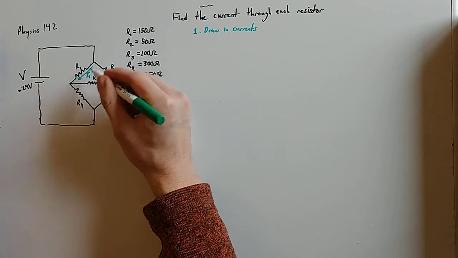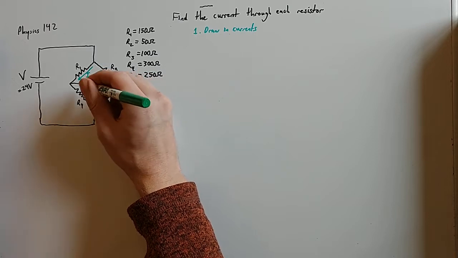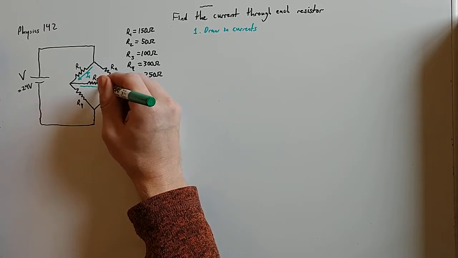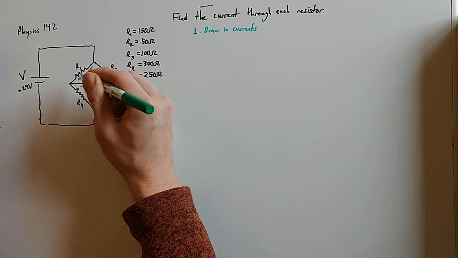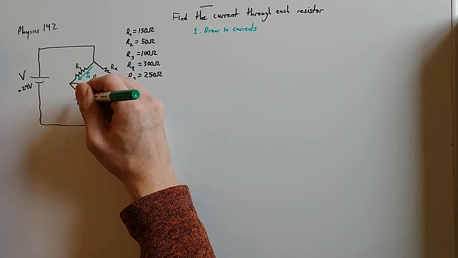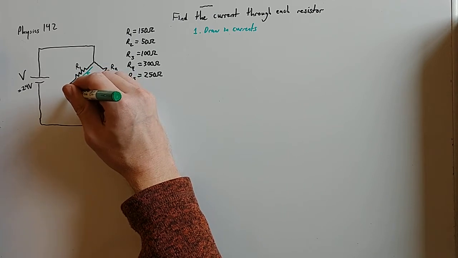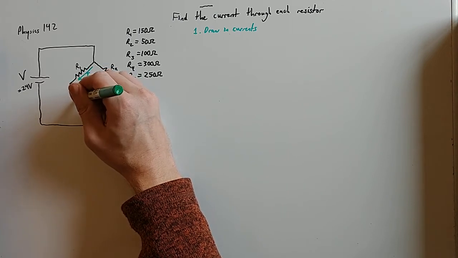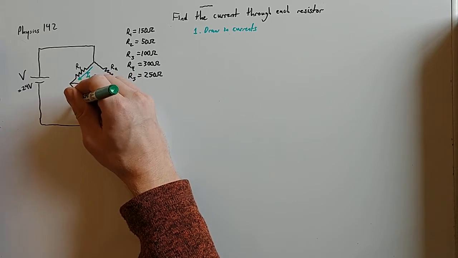But then that current is going to also get split, and some of the current will go through R3 here, so let's draw in a current there, and we'll call that I3, and some of it will go through R4 here. So let's draw in that current. Here would be a current going through R4, we could call that I4.